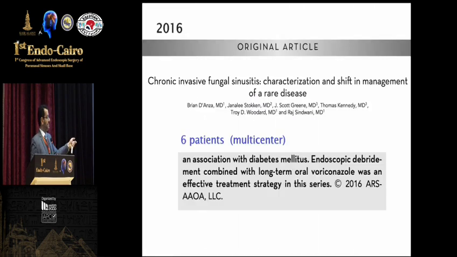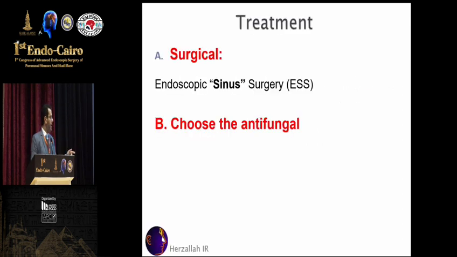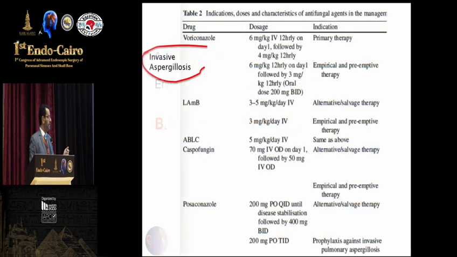And again, a multi-center study, 6 patients presenting with chronic invasive fungal rhinosinusitis. Again, they have shown that the appropriate way to go is endoscopic sinonasal surgery for whatever you see safely in the sinonasal region to remove, and then choose the appropriate antifungal therapy depending on which organism is there, fungal sensitivity. So if we are talking about invasive aspergillosis, go for voriconazole, Vifend.